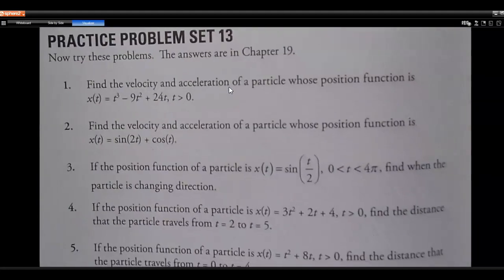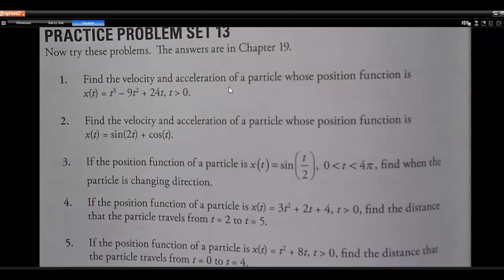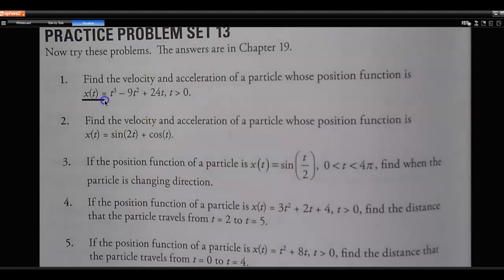All right. So it says find the velocity and acceleration of a particle whose position function is given by this. So this is a function that will tell me the position of my particle at any given time. So for instance, let's just say that time is measured in seconds, and let's say you plug in 0.